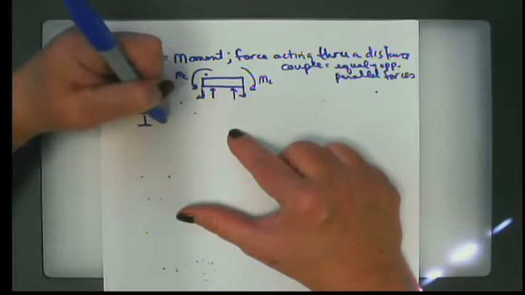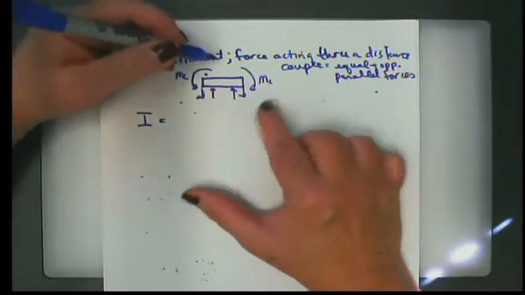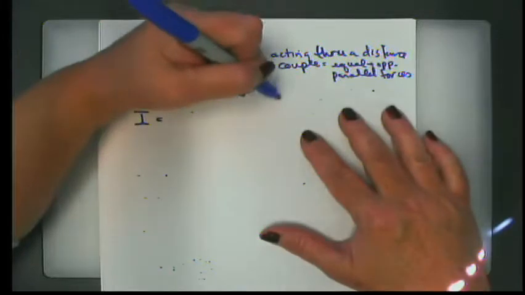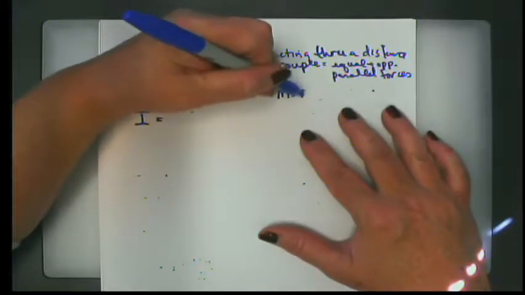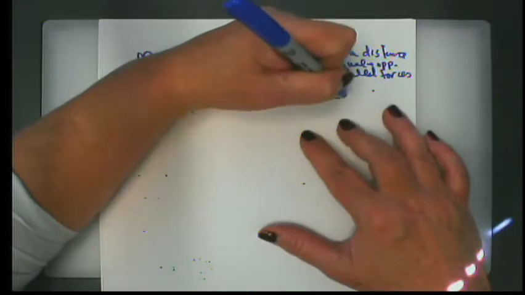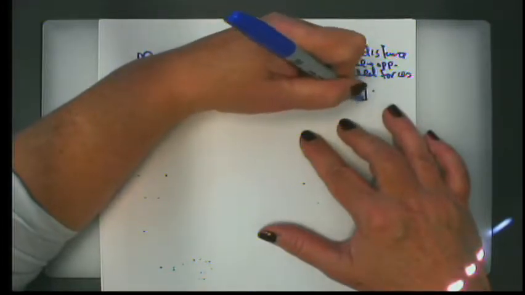Moment of inertia. Let's see, I want to talk about something else here before I continue this. A moment, because it is a force acting through a distance, has dimensions of force times length.